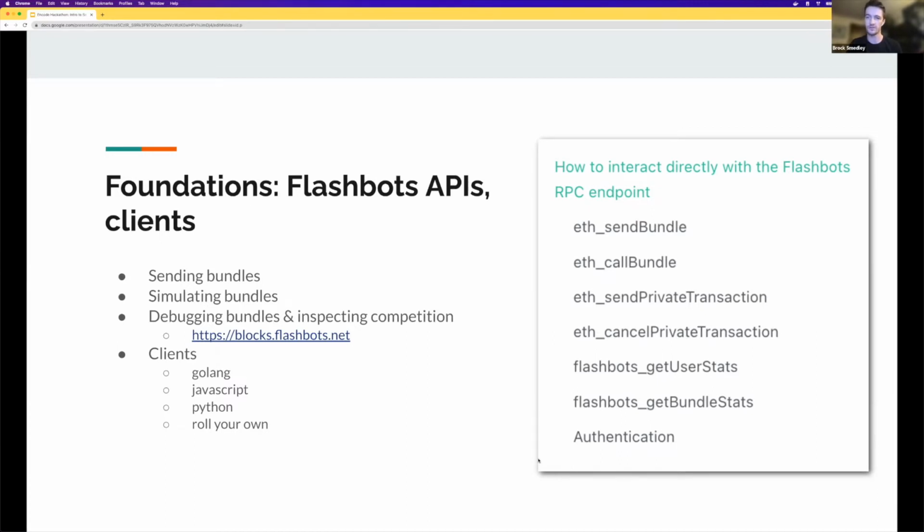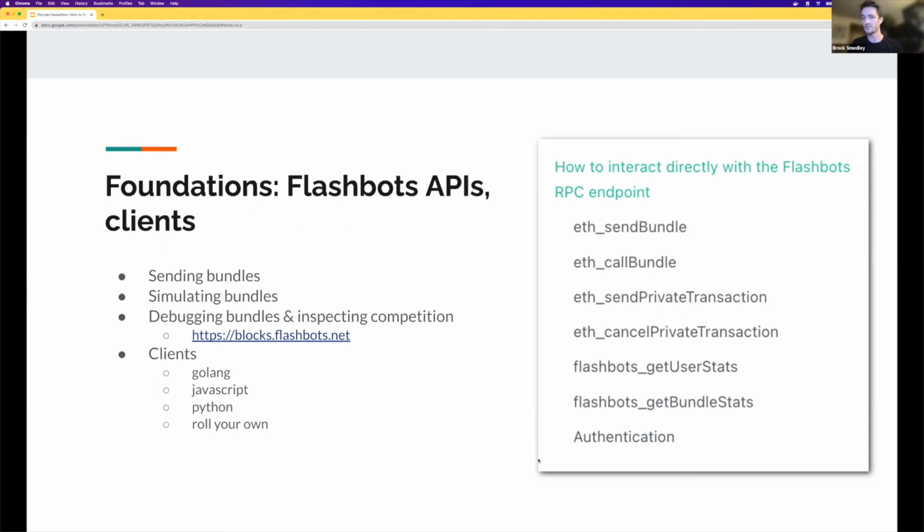There are two priority queues: high priority and low priority. By default, everybody goes into the low priority queue, but as you continue interacting with Flashbots, eventually you get bumped into the high priority queue. Both queues work the same, but the high priority queue generally has fewer participants, and therefore you have a better chance of getting included in a block if you're in that queue. So that's how that works.